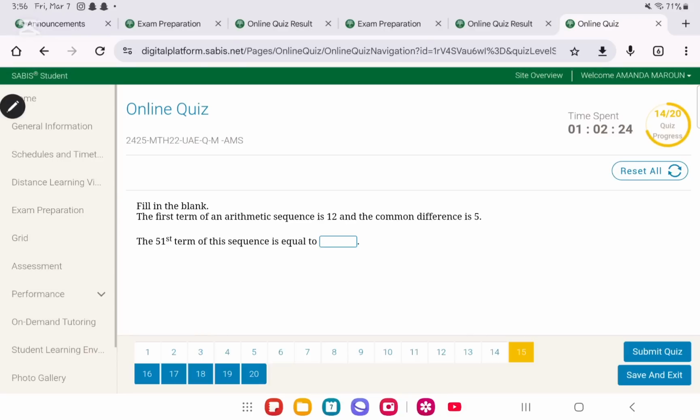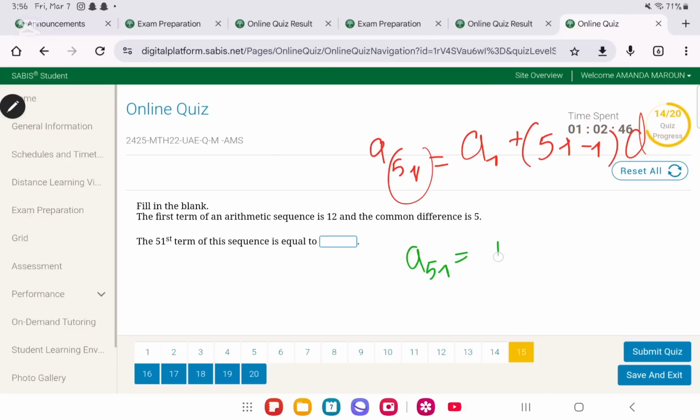The first term of an arithmetic sequence is 12, and the common difference is 5. They need us to find the 51st term. So A51 is equal to A1 plus 51 minus 1 times the common difference d. So A51 is equal to A1, which is 12, plus 51 minus 1 times the common difference d, which is 5.